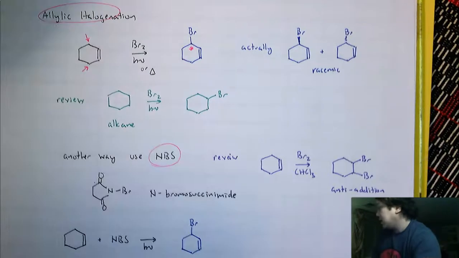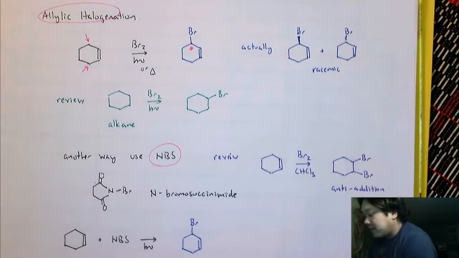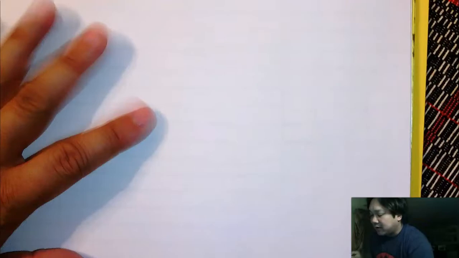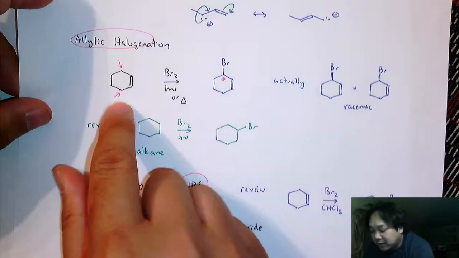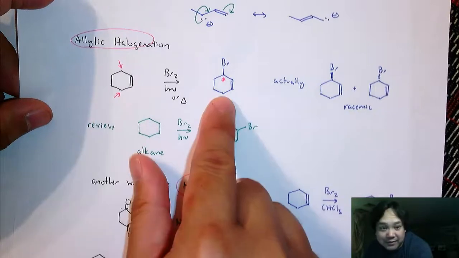Okay. Now we're not going to do the mechanism just yet, because I chose a very simple alkene. Because this alkene here, it has 2 allylic positions, but either one will give you the same set of products.